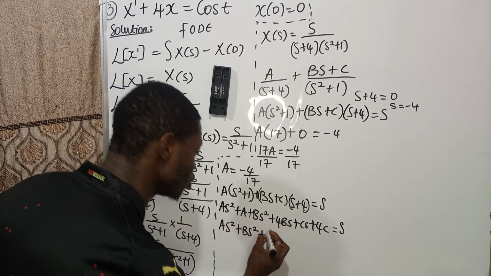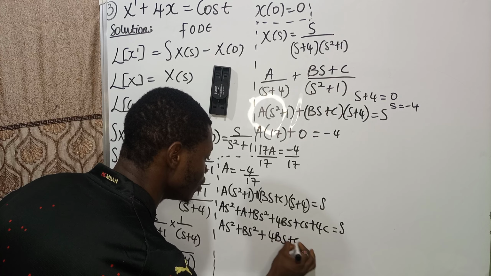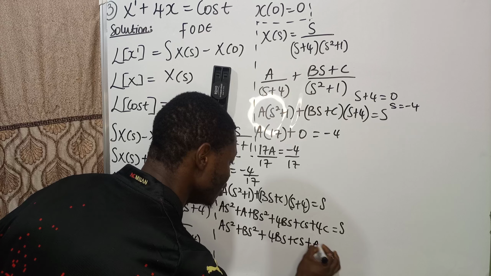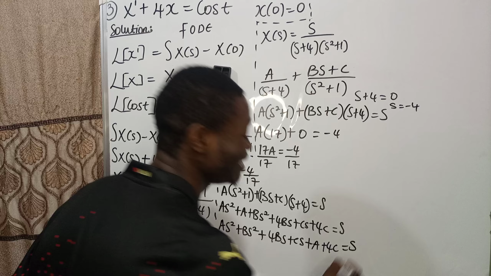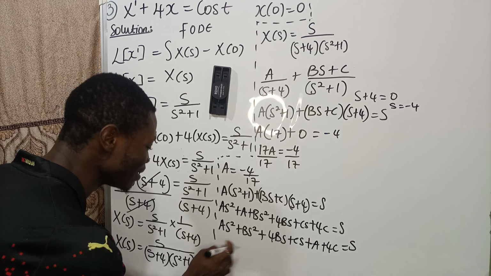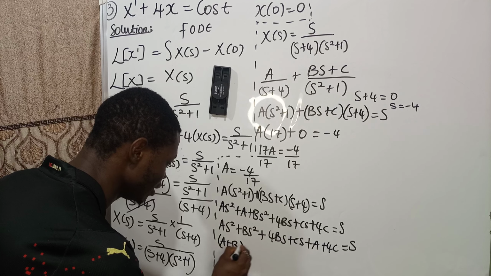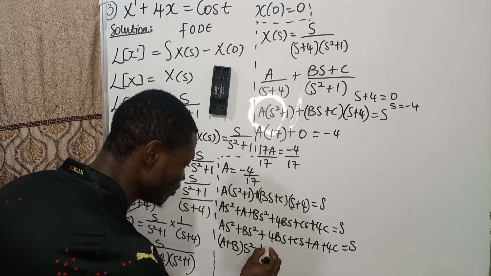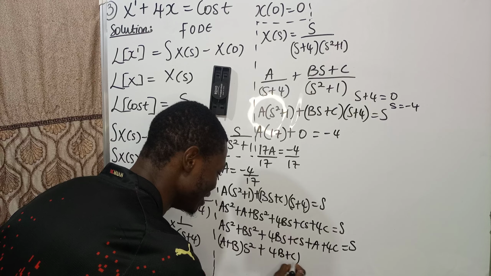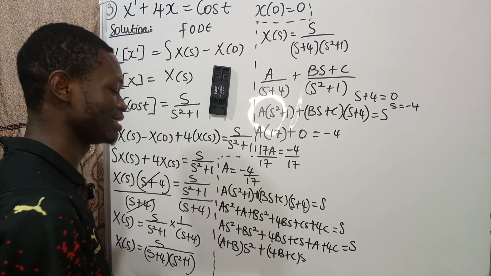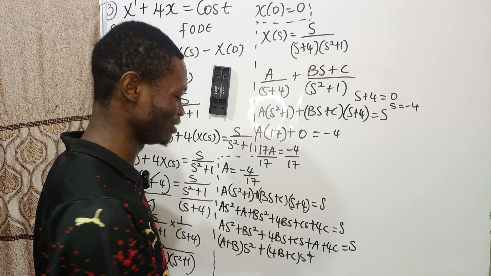Then those with s come as 4Bs plus Cs. Then those without any s come as A plus 4C, equal to s. So we can factor this out: (A plus B) s squared plus (4B plus C) s.